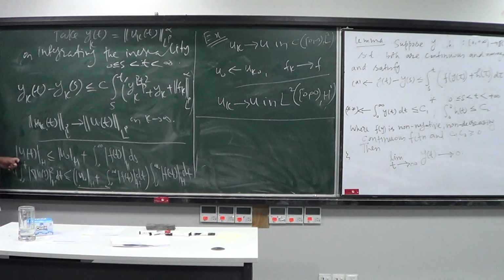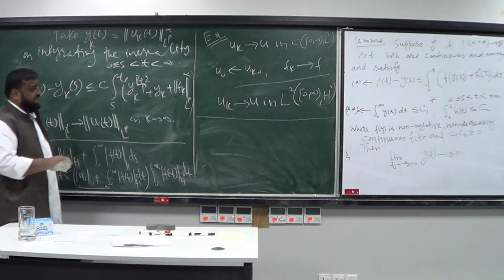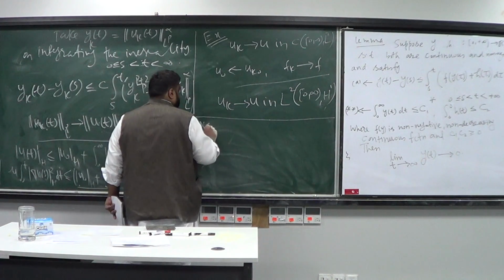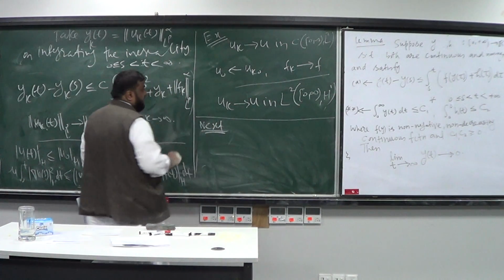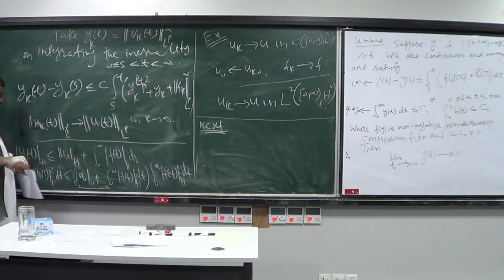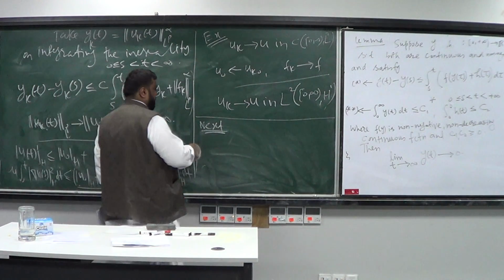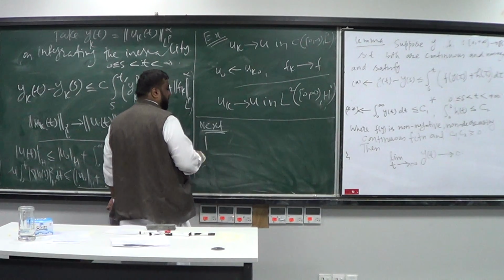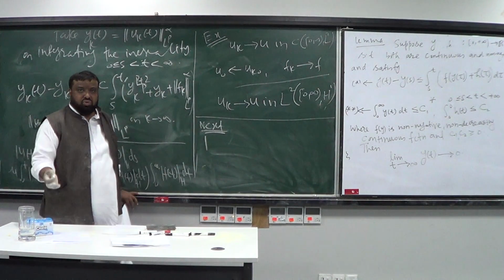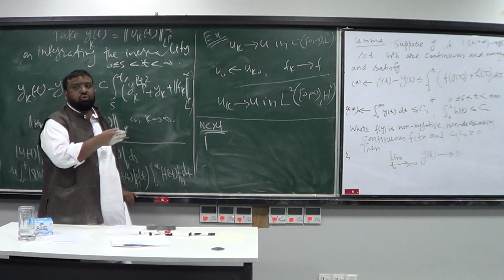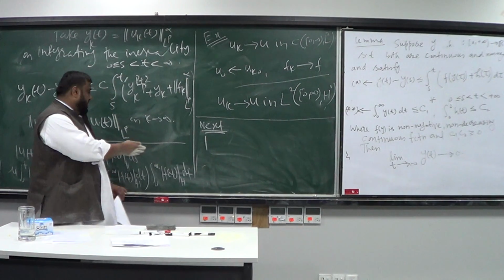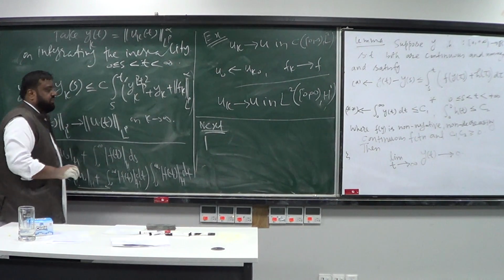That if I use this inequality and replace u by u minus u_k, where u and u_k both are solutions of the Navier-Stokes equation, so they both satisfy it and hence their difference should also be a solution, and then their difference should also satisfy such estimates.